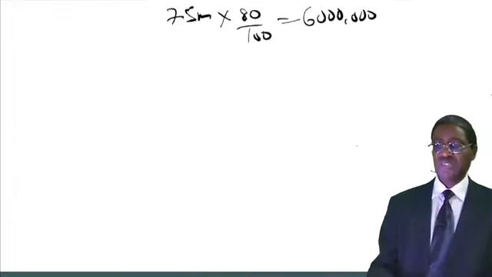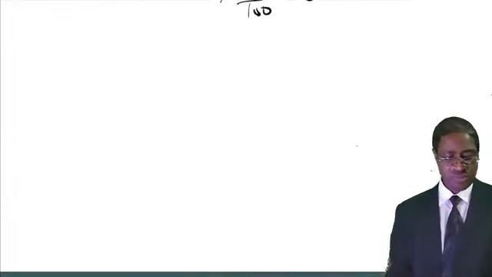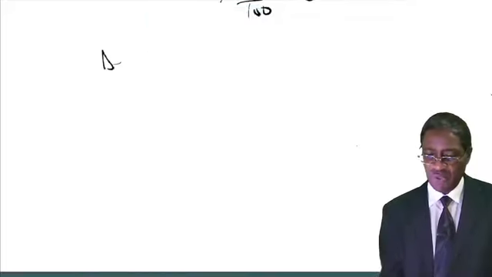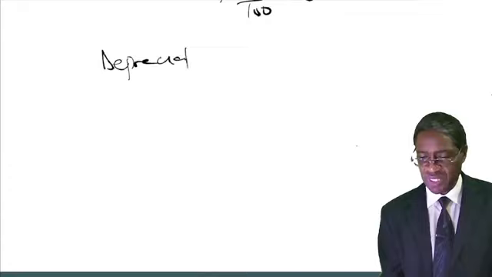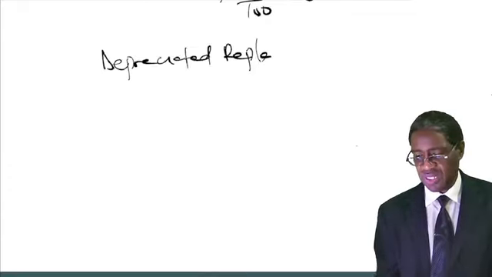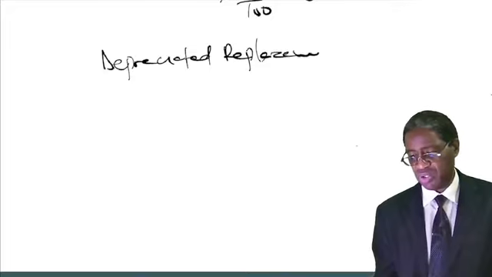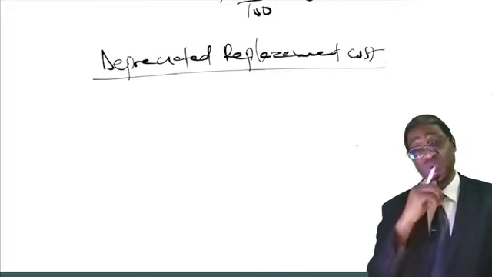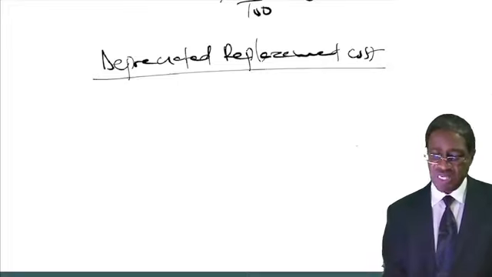Then below there, now let us get the computation of the depreciated replacement cost. Let's compute the value in use for that one. That's the first method.